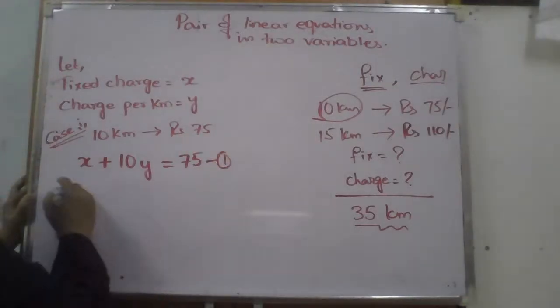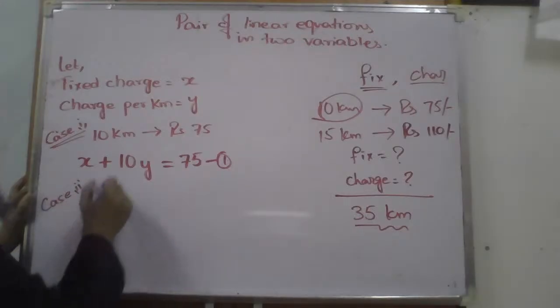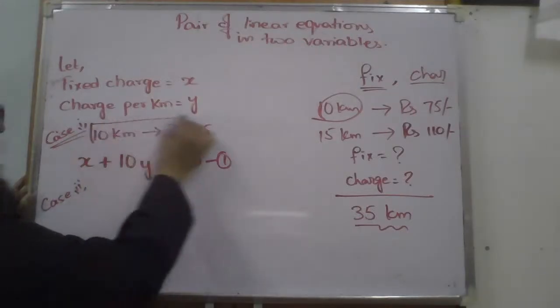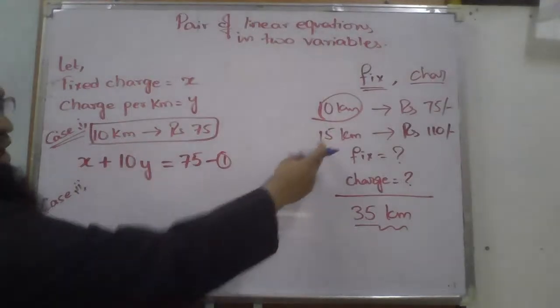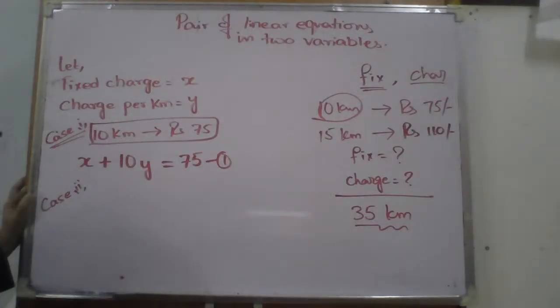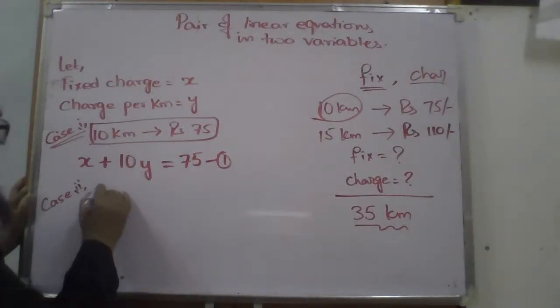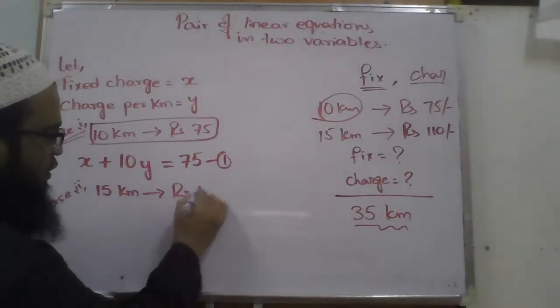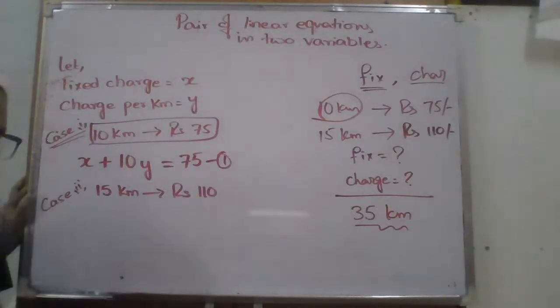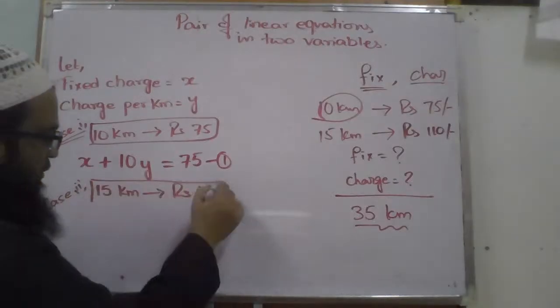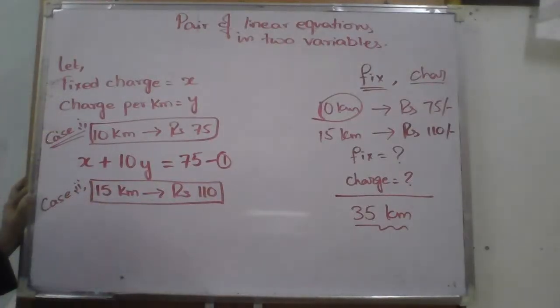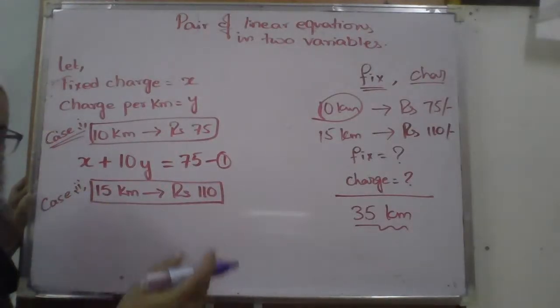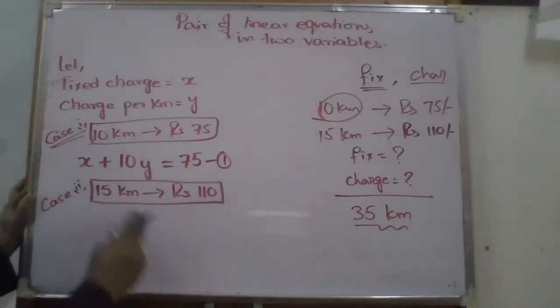Now case 2. For 15 kilometers, rupees 110. Whether it is 10, 20 or 100, there will be a fixed charge.